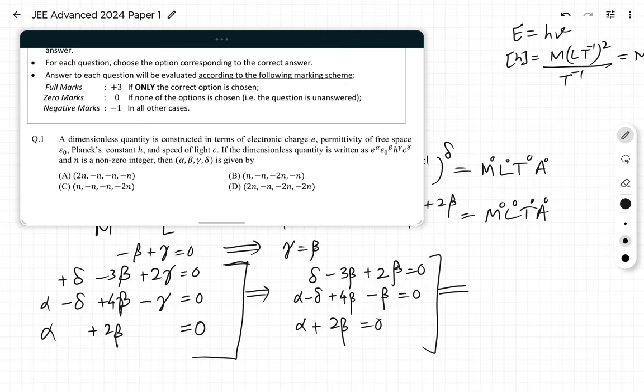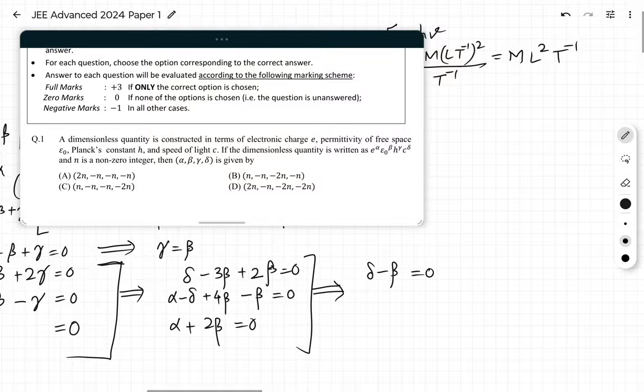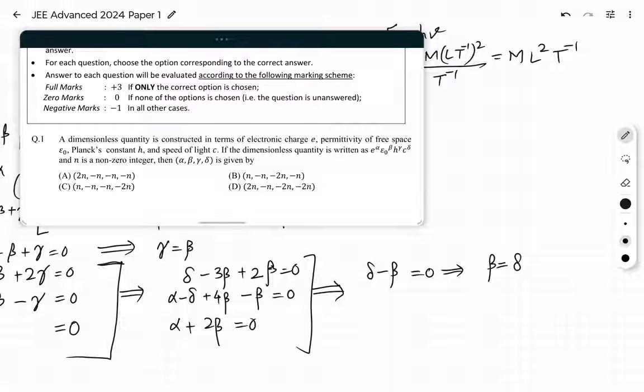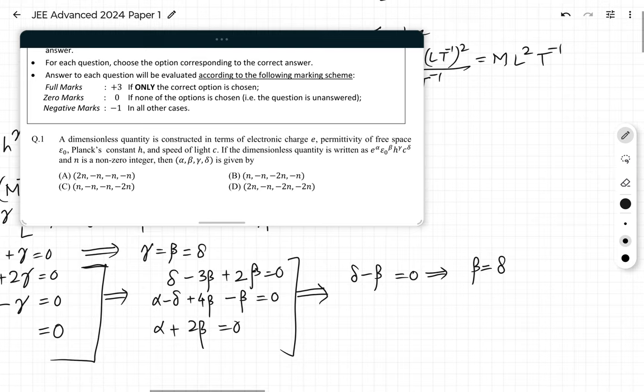Let's simplify this. This is the same set of equations. So minus 3 beta plus 2 beta is minus beta, so delta minus beta equals 0. Okay, so from here we also get this relation: beta is also equal to delta.